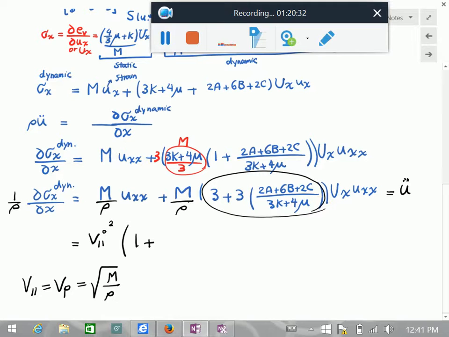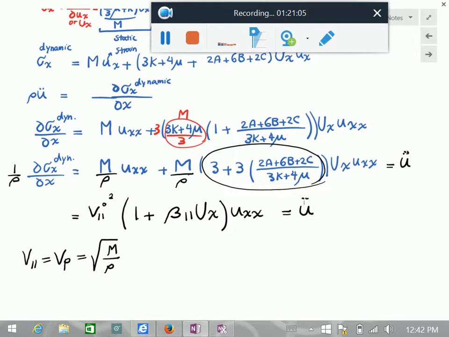and let's call this beta. Beta 1. Ux. I'm also factoring out uxx. Okay, we are done. Almost. Now just we have to look at it. Okay.